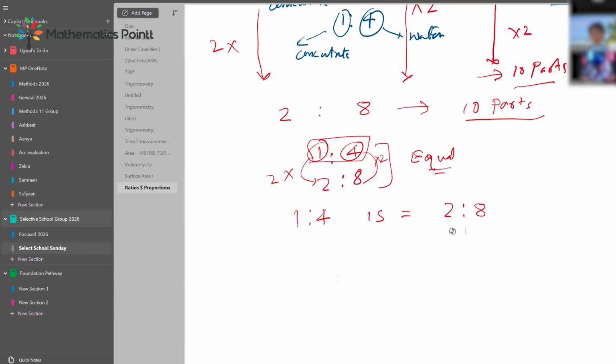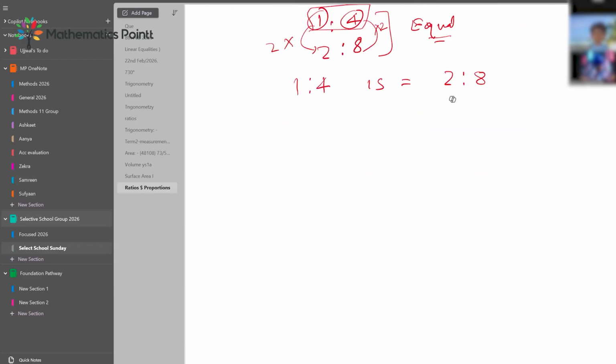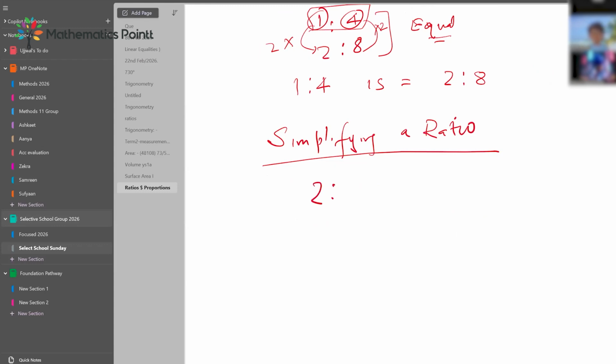This extends to something called simplifying a ratio, or ratio in its simplest form. Which essentially means that if I give you 2 ratio 8 and I ask you, can you simplify that? Yes. What you need to do is find the number that divides both 2 and 8, the highest common factor.